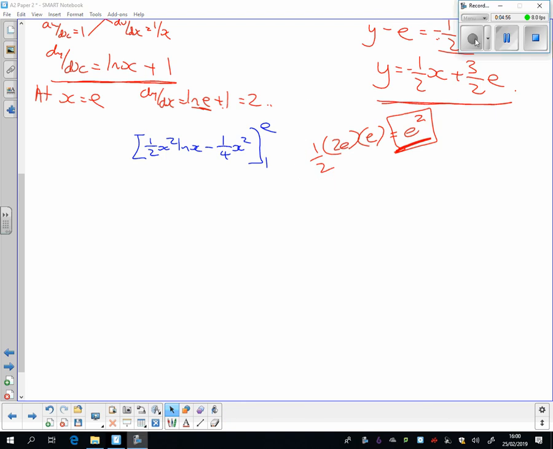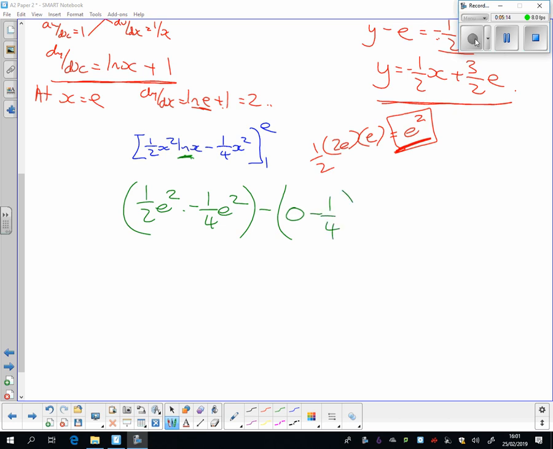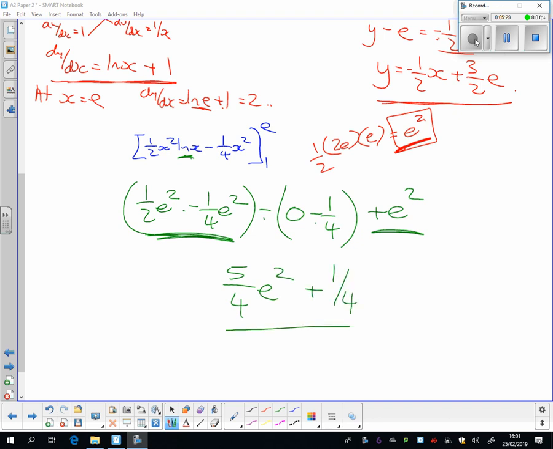So putting the e in here, I've got a half e squared, ln of e is 1, and then I've got a quarter e squared, minus putting the 1 in there, well the ln of 1 is 0, and I've got minus a quarter there, and then I'm also adding the e squared at the end there. So I've got a quarter e squared here and another e squared altogether, so that's 5 over 4 e squared minus a quarter is plus a quarter. There's the answer that I've got.